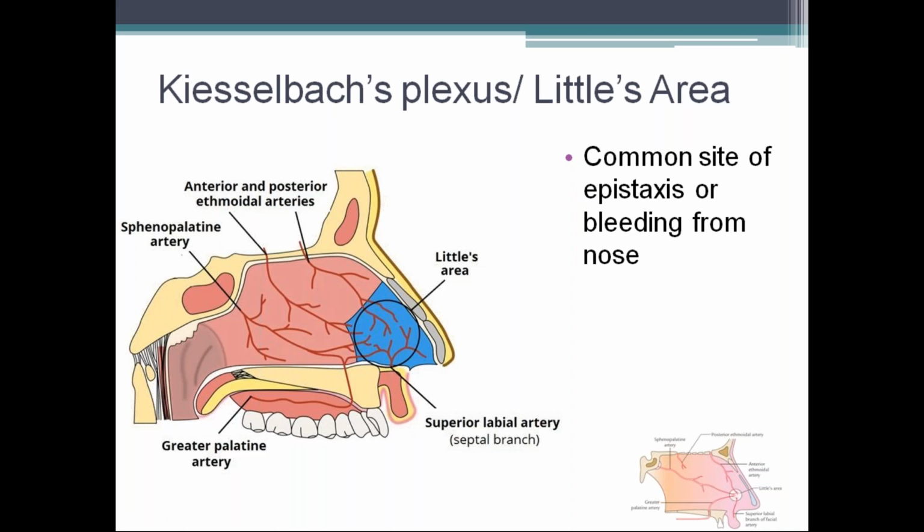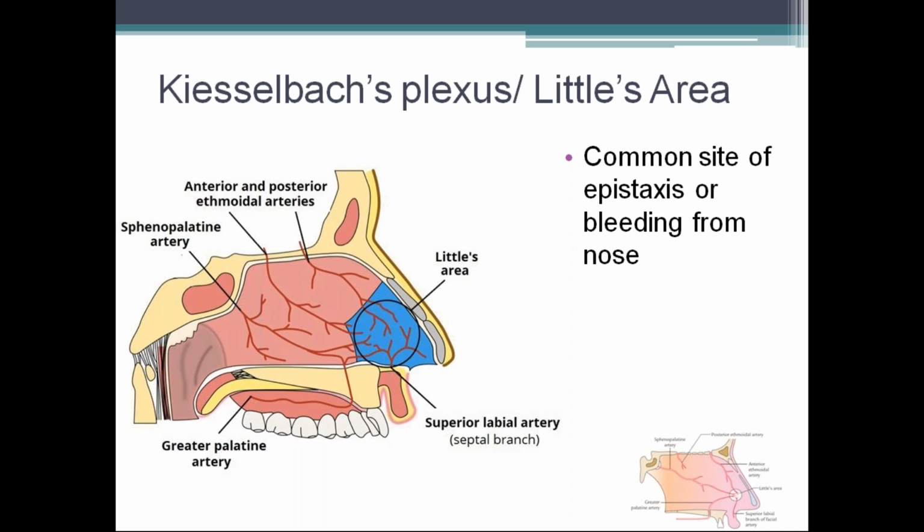Now the applied aspect: this is the commonest area where we prick the nose, and even children prick the nose here. Any injury disturbs this arterial anastomosis and they start to bleed.